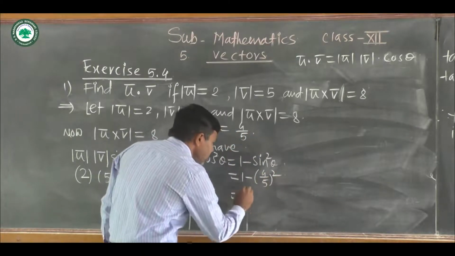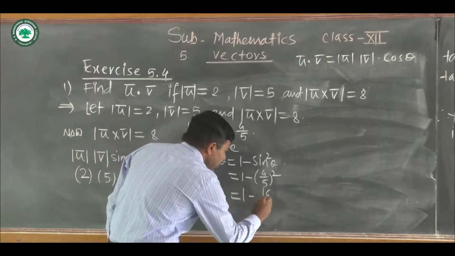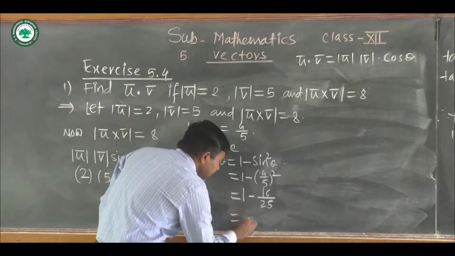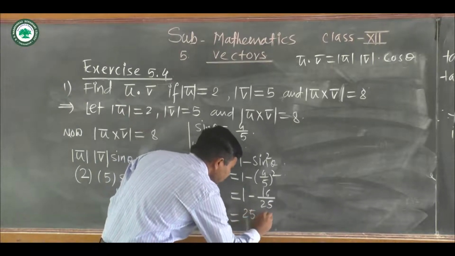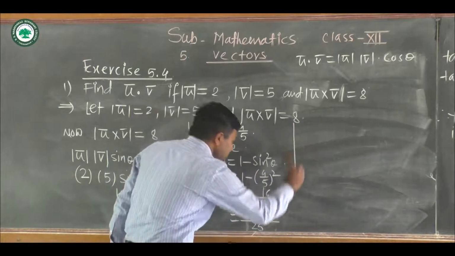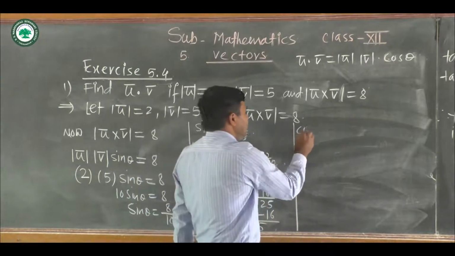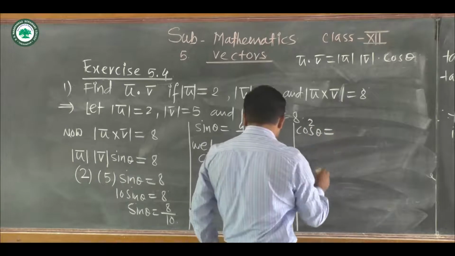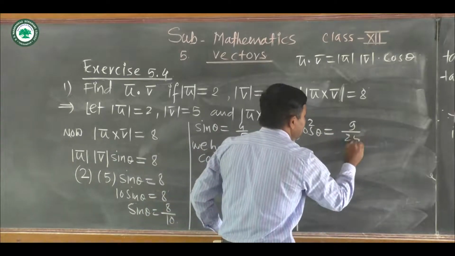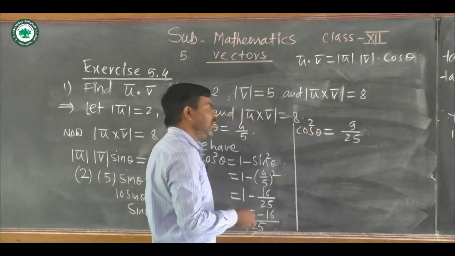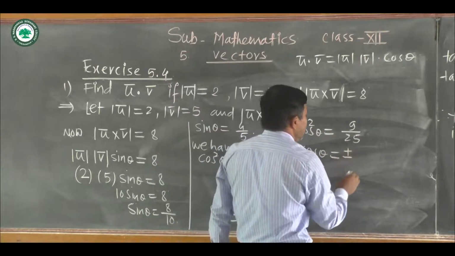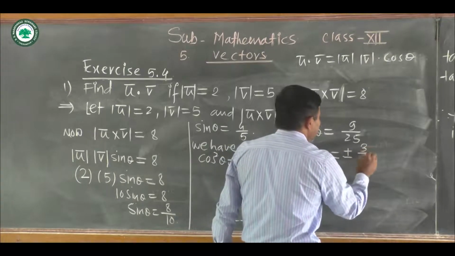It is equal to 1 minus, now 4 square 16, 5 square 25, and if you take the cross multiplication, it becomes 25 minus 16 divided by 25. So cos square theta is equal to 25 minus 16, 9 divided by 25. This is cos square theta, so cos theta is equal to plus or minus 3 by 5.